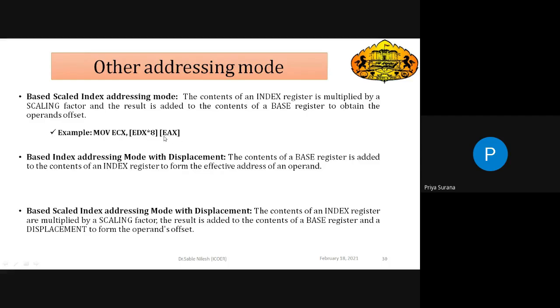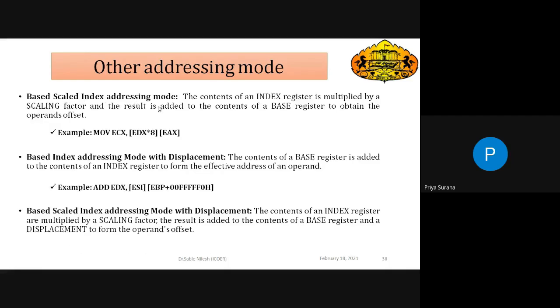It may be an index register, it can be ESI, it can be EAX. Which register acts as the index register is also important. Here it can be ESI, EDI, and so on, which will be used for calculation of the operand address. Because of that, the name is base scale index addressing mode.